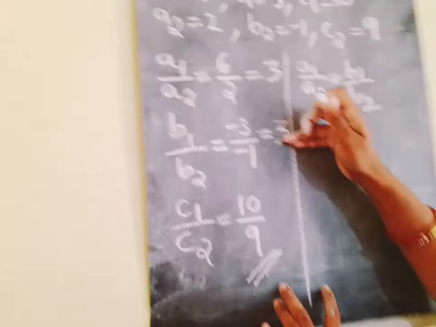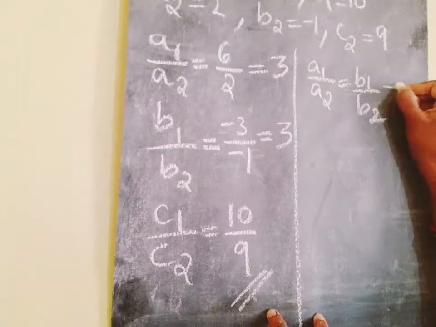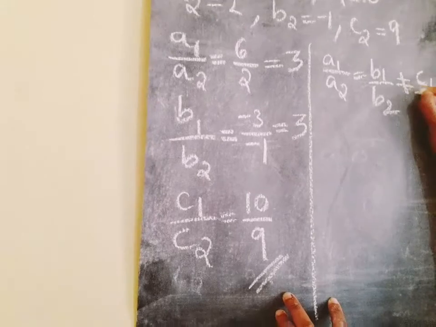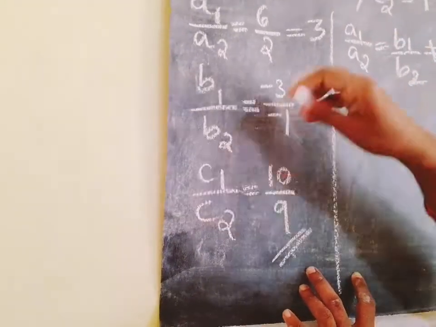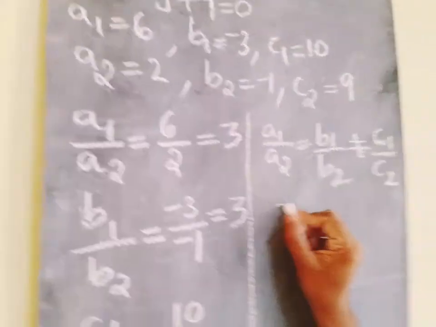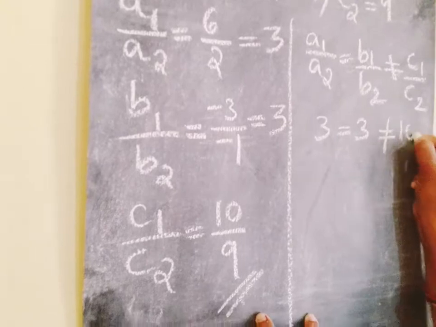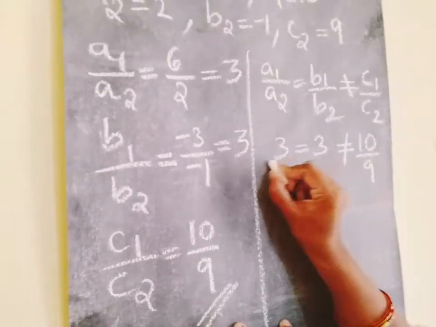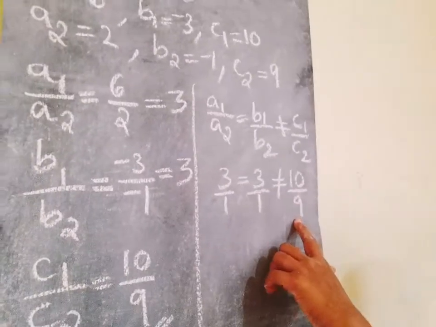See, 3 and 3 are equal, but the last one is not equal, so I am using the not equal symbol with c1 by c2. Let's write the values also here: 3 equal to 3, but not equal with 10 by 9. 3 means it is 3 by 1, here also 3 by 1, but the last one is not equal.